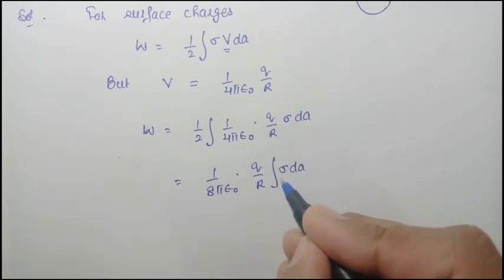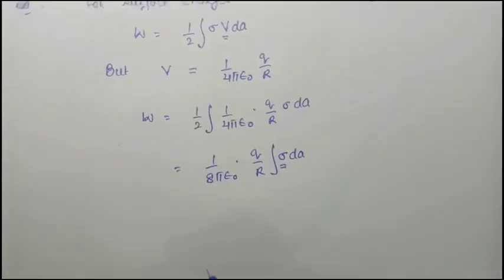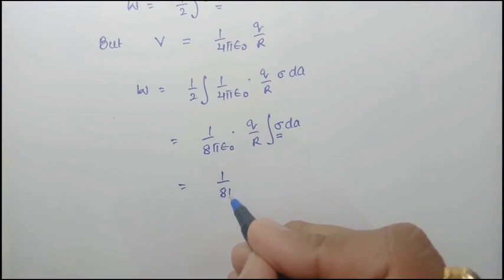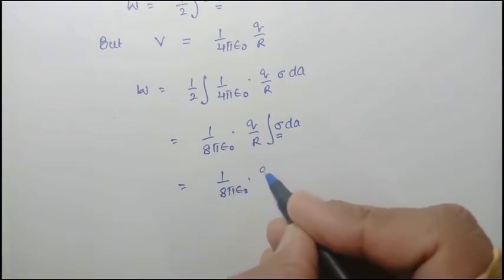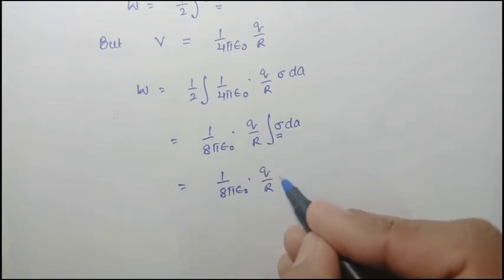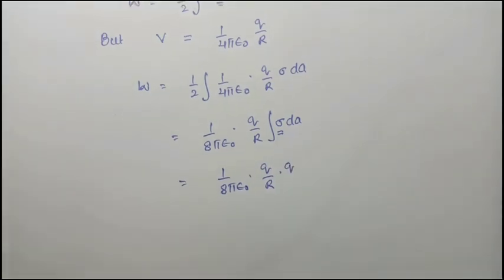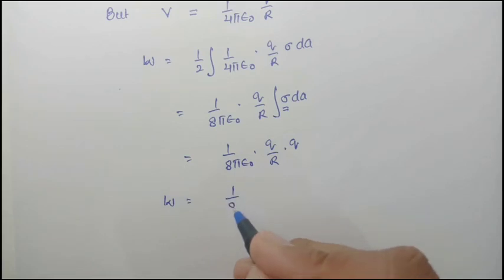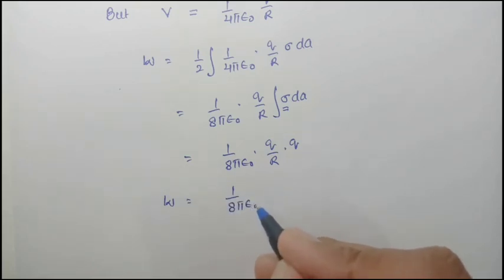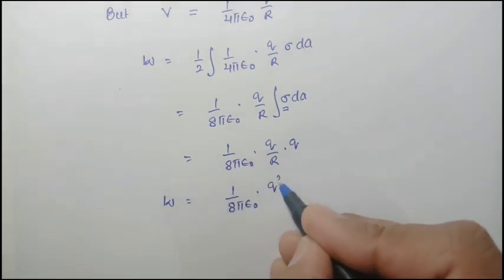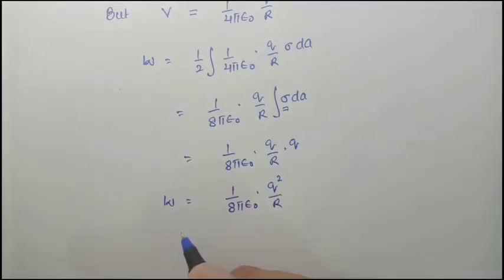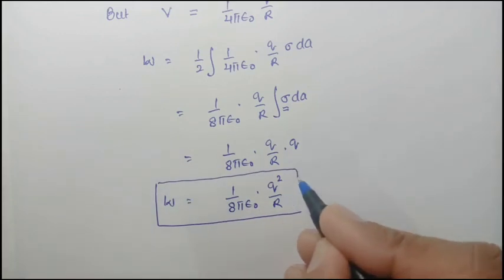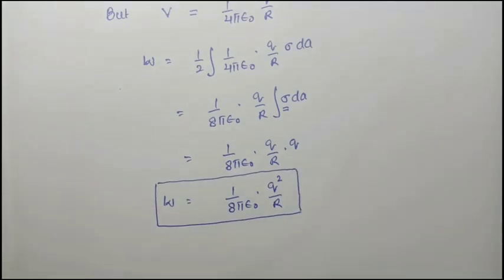So sigma, as we discussed, is the surface charge density, so we can write as per our question 1 over 8 pi epsilon naught and Q over R, and this integral is nothing but Q. So this W finally is equal to 1 over 8 pi epsilon naught into Q square over R. Okay, thank you.